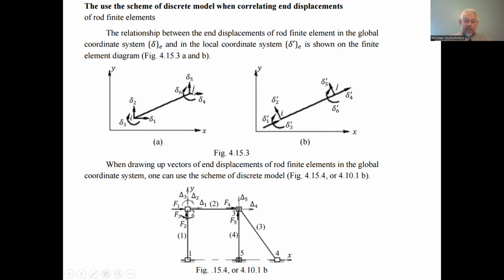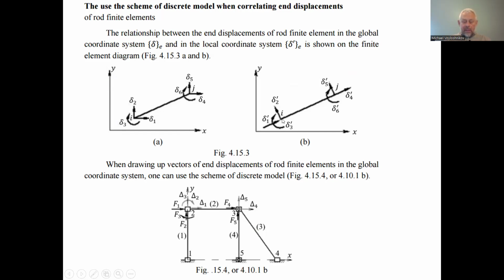So as well for the end of the road finite element in the global coordinate system, we have two force components parallel to the abscissa and ordinate axes, and the axes, let me remind, coincide with the axes associated with the integral mechanical system, or the discrete model.